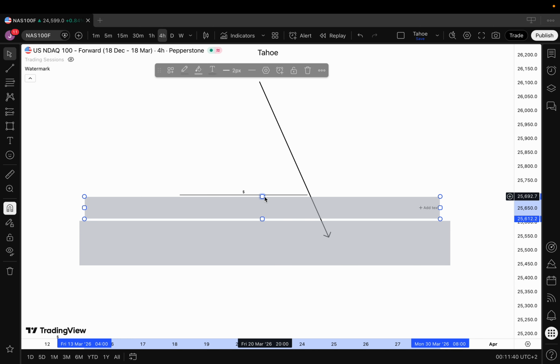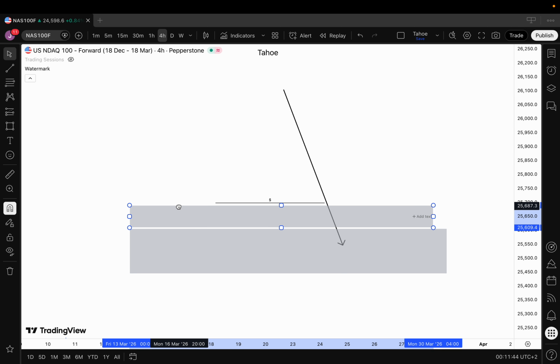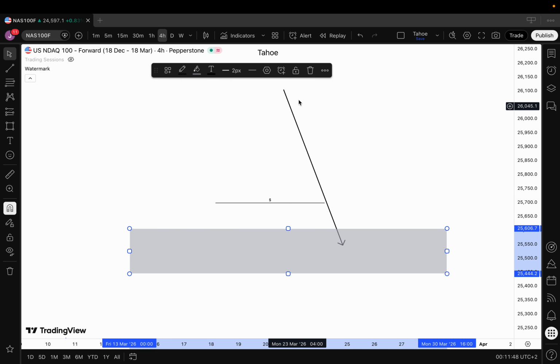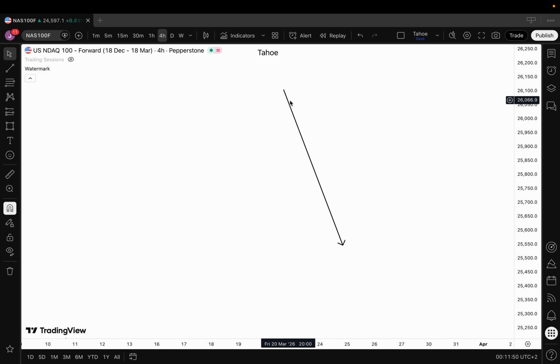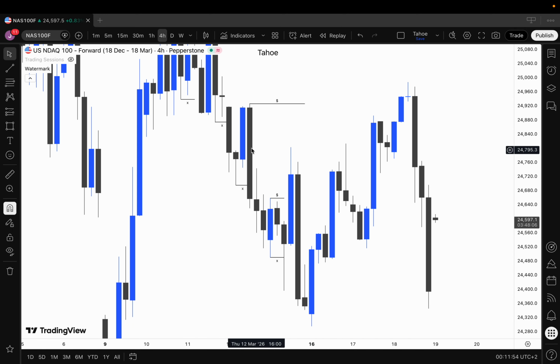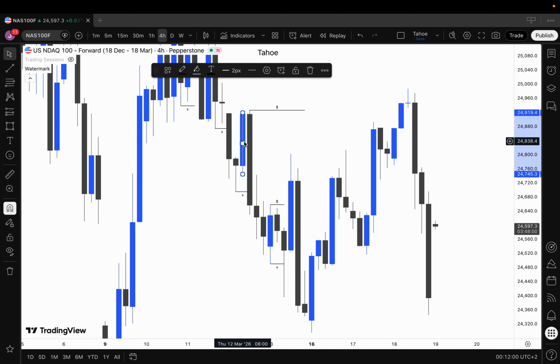I don't usually use fair value gaps, but these are points of reversal where price could easily interact with before moving up. So for this instance, when the market grabbed this high over here, we can see a 4-hour order block chilling right over here.